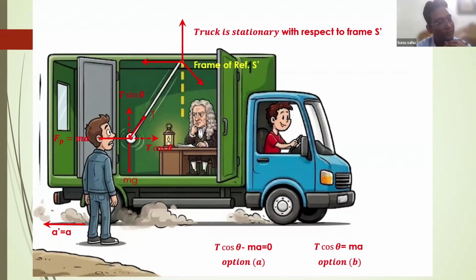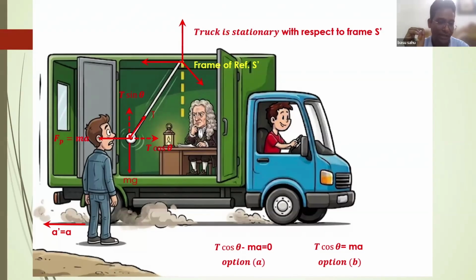From the ground, there is no FP force, because the observer fixed on the ground is considered an inertial frame of reference. In an inertial frame of reference, you cannot observe any pseudo force. If FP is a pseudo force, then it cannot be observed by the ground observer, first of all.